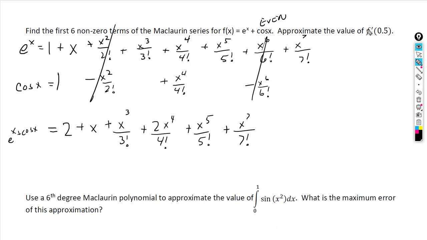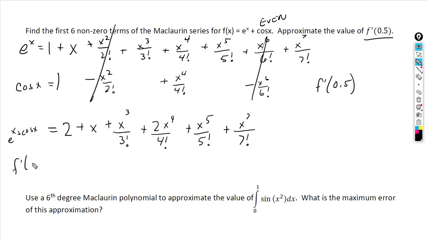And then I want to find the value of f prime of 0.5. Well, now, what do I have to do? I know that if this is e to the x plus cosine of x, I need to find the derivative of this, right? This is what the expansion leads to.